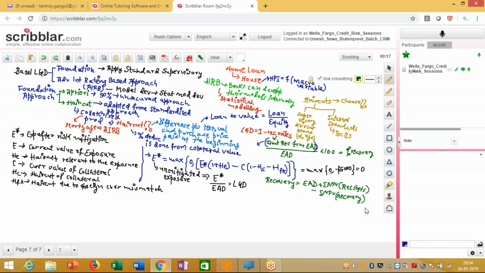So the amount which could be recovered is the net. The difference between the two will be your loss given default. Or rather, what I'm writing over here is 1 minus recovery, right?